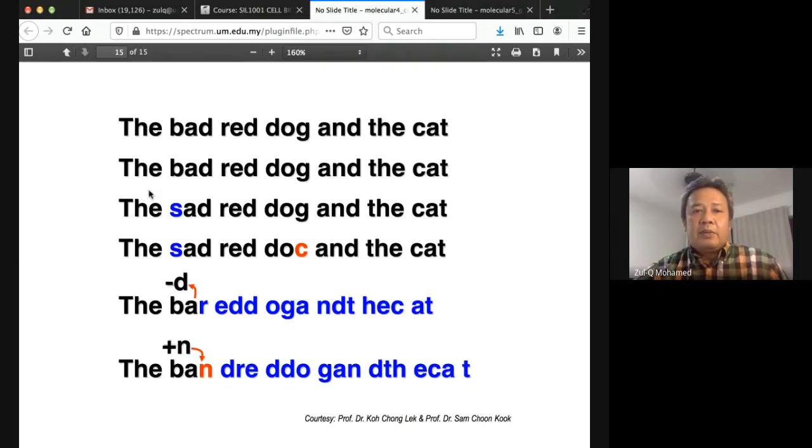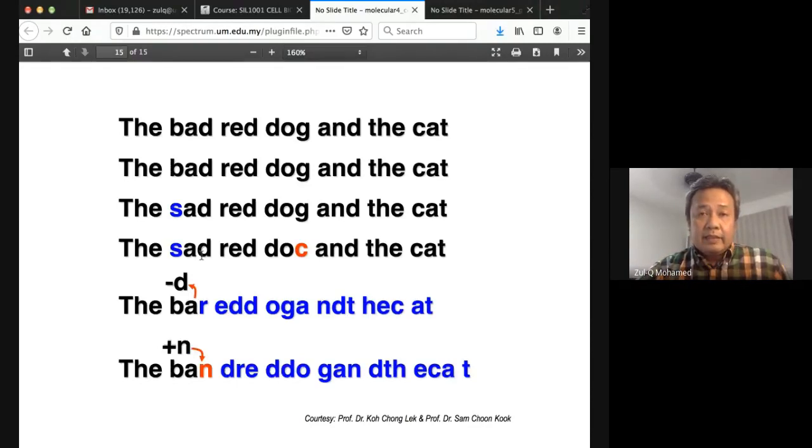The bad becomes sad, "the sad red dog and the cat". Then again, if the G changes to a C, it gives you a different meaning as well. If there is a deletion, that means that D has been removed, removal of one base. This is again within the point mutation.